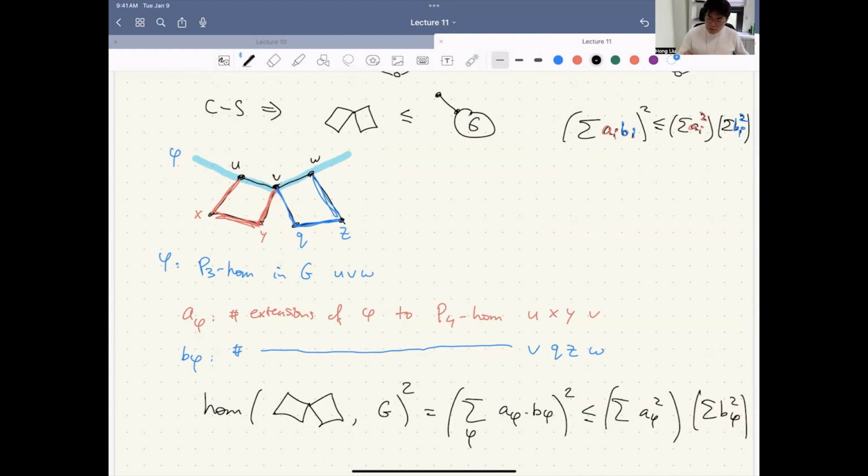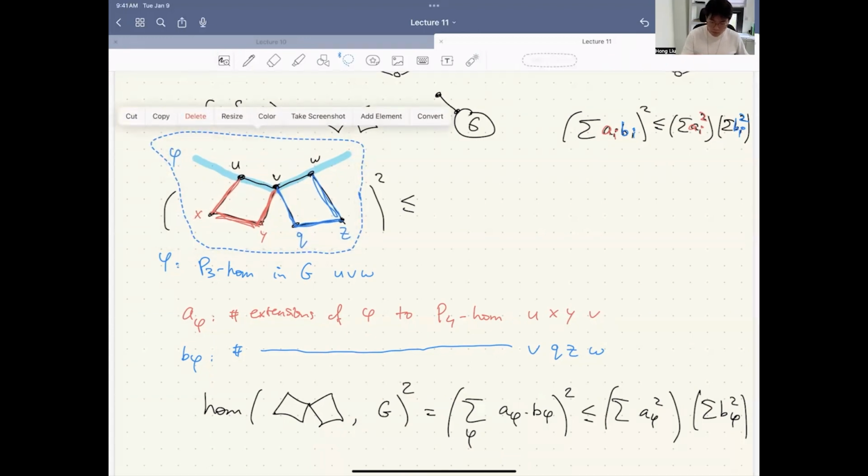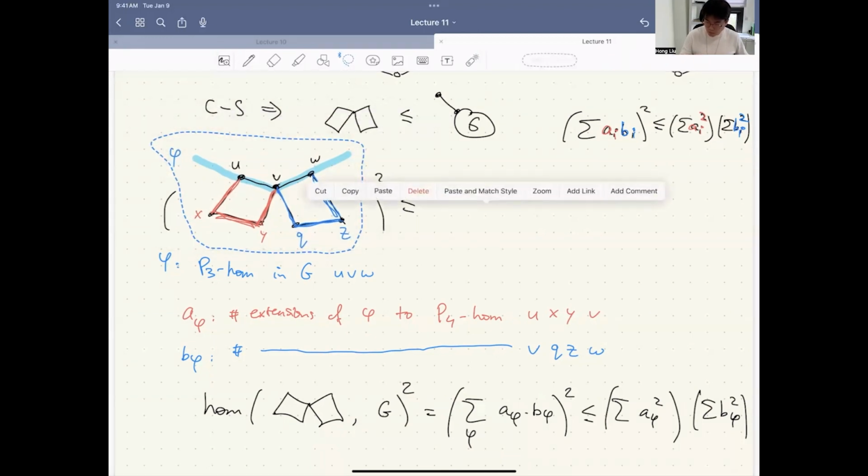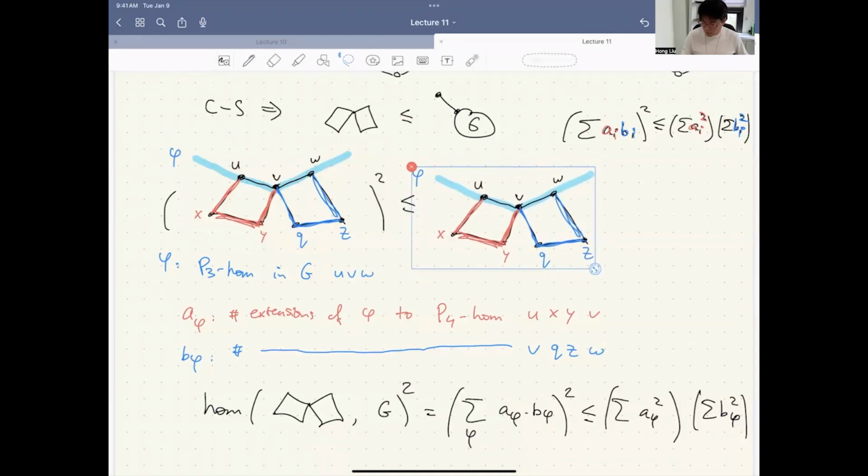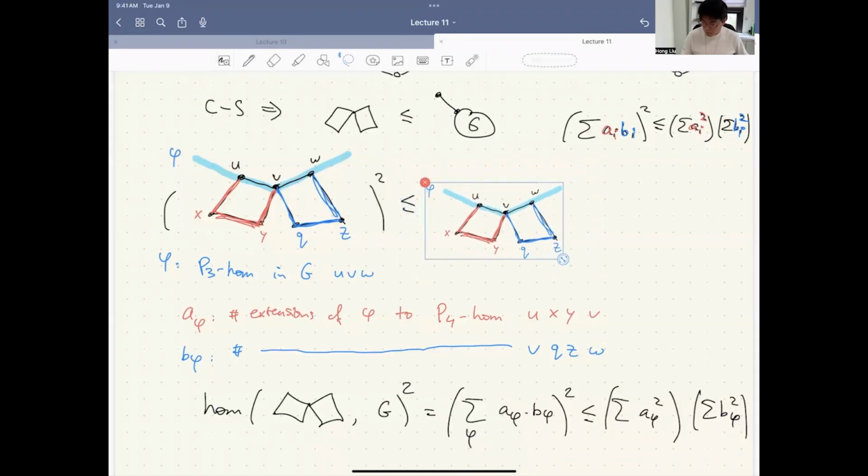What is A phi squared? Let's draw the picture. So this guy squared is at most, okay, I delete this part.